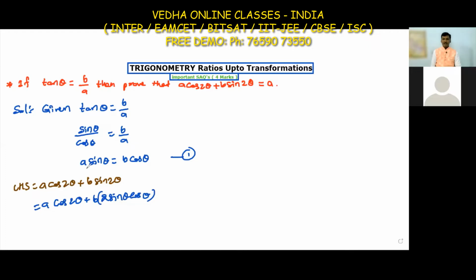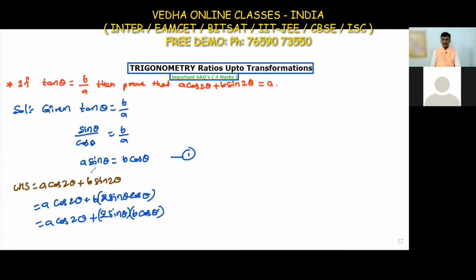Okay, here we know that a sin theta is equal to b cos theta. So a into cos 2 theta plus, writing the 2 sin theta together, b cos theta together.